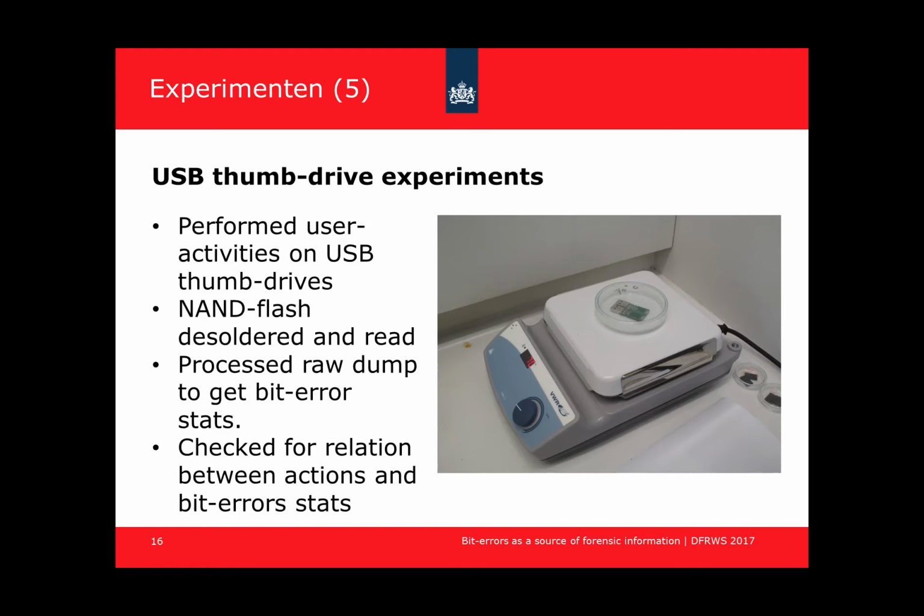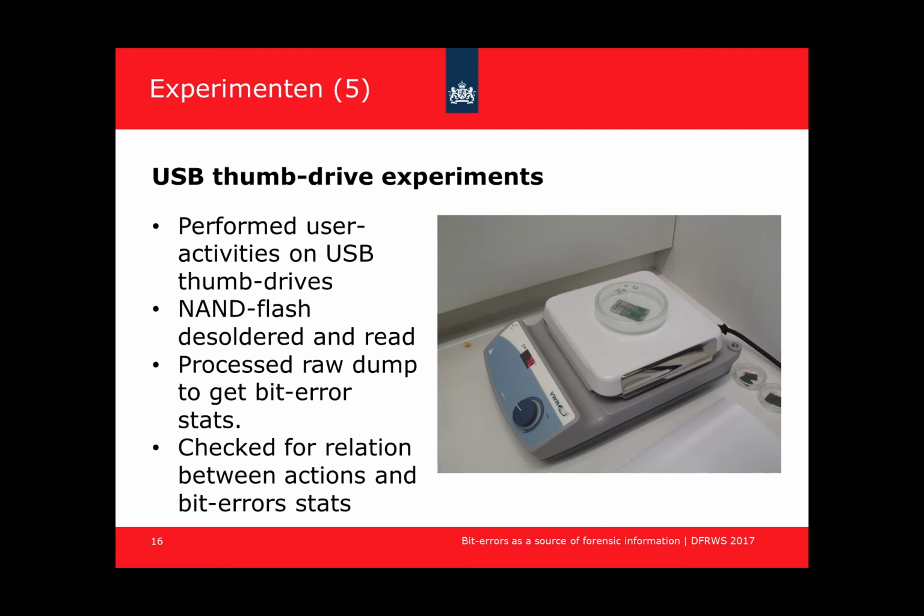Now, for the second experiment, we used a very advanced setup, which is shown here. It's a heating stove in which a glass container is, and there we keep some USB sticks. We performed experiments by using the controller, so we copied files onto the USB device and did a certain protocol, which I will explain afterwards.